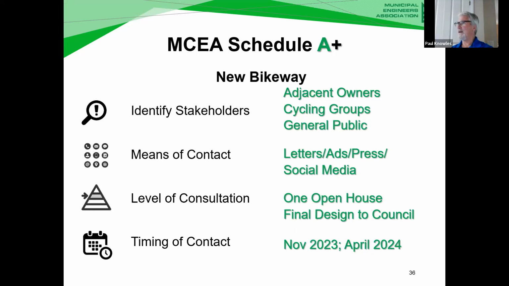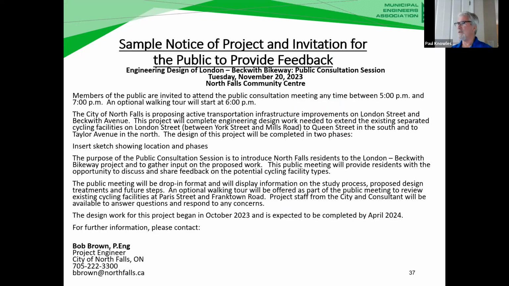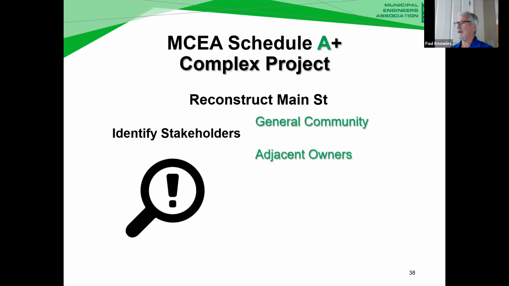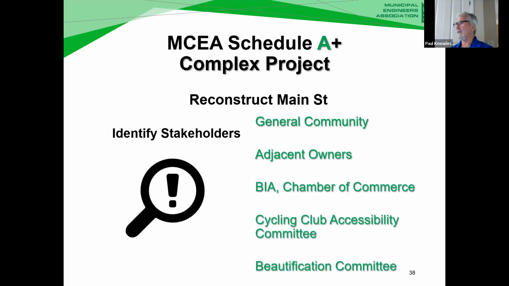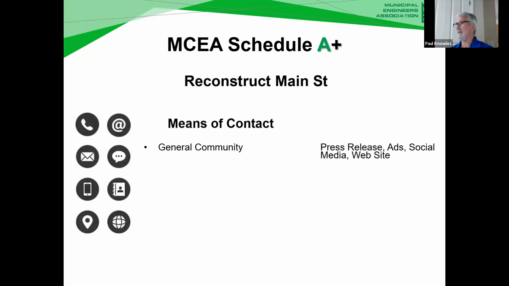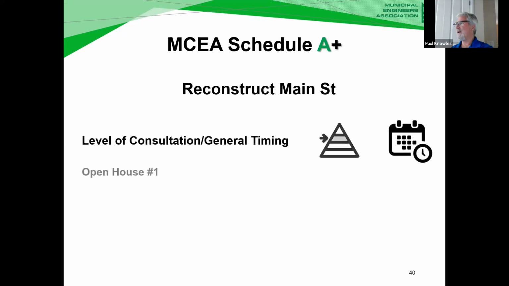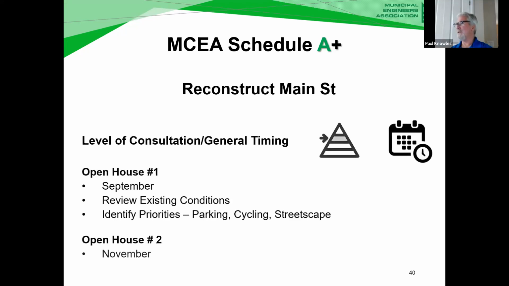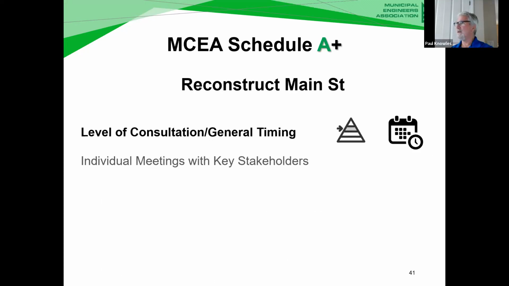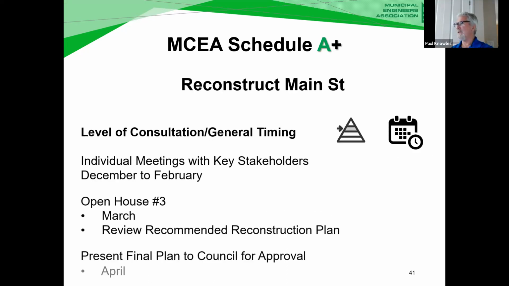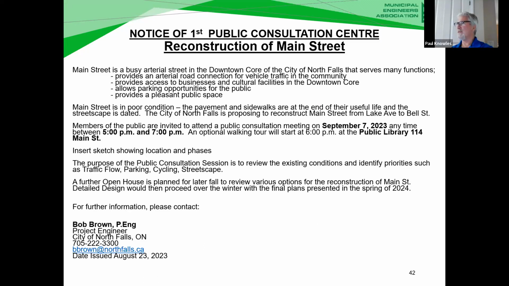You can do all that outside the EA regime. You can have a notice that looks something like an EA notice, but it just doesn't mention anything about the EA Act. You could also have a fairly complex project, like reconstructing that main street in the example, with lots of input, lots of ways to contact people, several open houses, individual meetings, a third open house, and a final report to council.